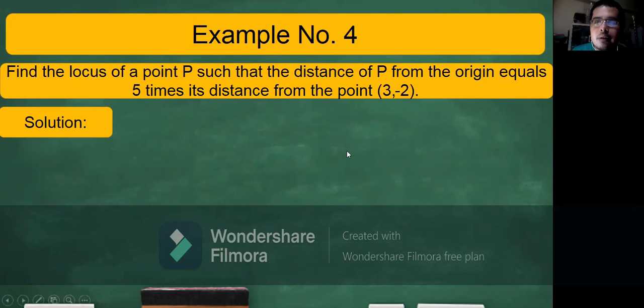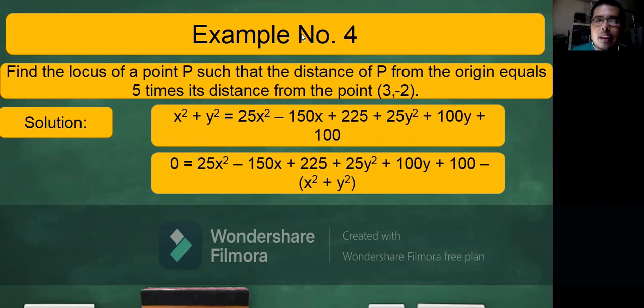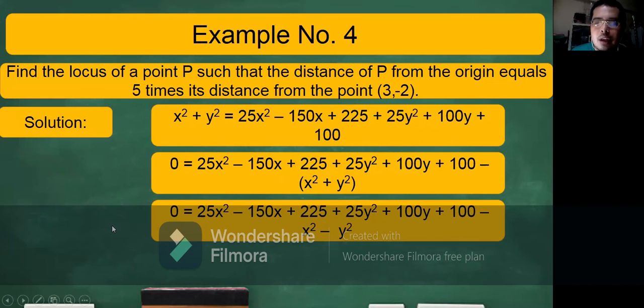Therefore, simplifying your equation, we transpose x squared and y squared to the other side, so 0 is equal to 25x squared minus 150x plus 225 plus 25y squared plus 100y plus 100 minus the quantity x squared plus y squared. Remove again the grouping symbols, distributing the minus sign to all the terms inside the parentheses.